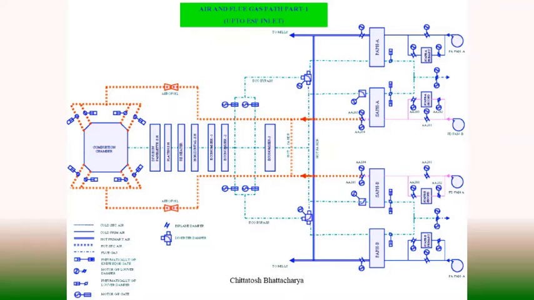So this way we have different fans, and in some locations we have booster fans before ID fans to boost up the evacuation of flue gas, and some places we may find gas recirculation fans.